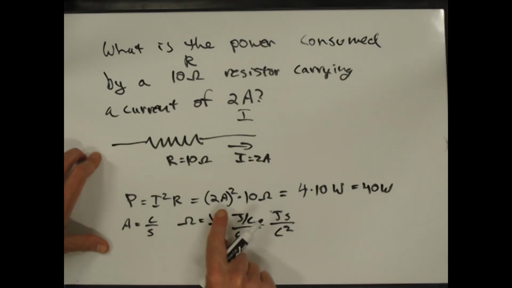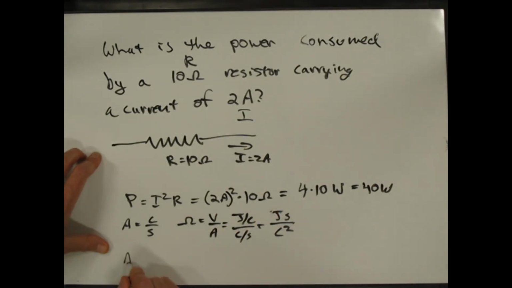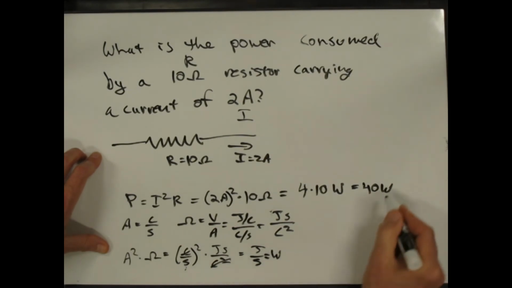And so I have amps squared times ohms. If I break these down a little bit, amps squared times ohms is coulombs per second squared times joule seconds per coulomb squared. And so these two cancel, right? And this is going to be a 1 over second squared, and this is going to be a second, so this is just going to be joules per second, which is watts, which is what we put here.